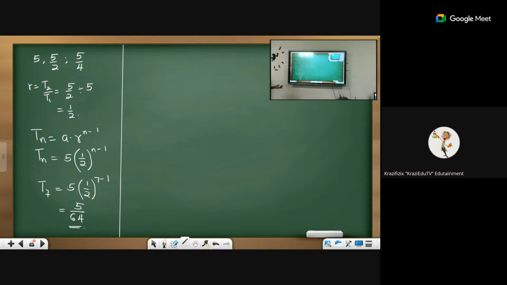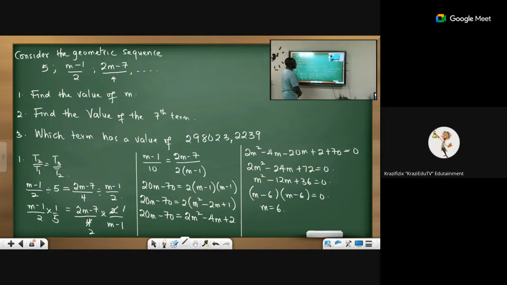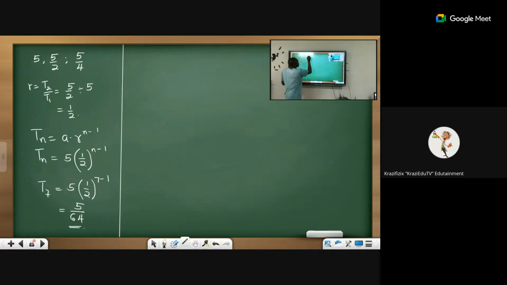Now, the last one, I don't know if I just created this question in my head. What is that value? TN is 298023, comma 229.